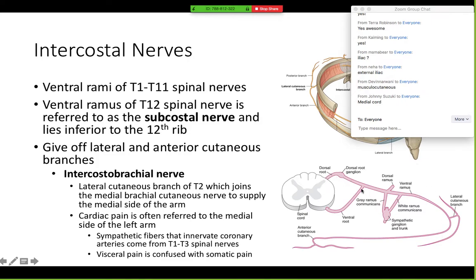The fact that these fibers are crossing paths means that information, the best way I can describe it, is mixed up. And then you have a visceral pain that's being relayed to the medial aspect of the left arm, causing pain down that left arm.